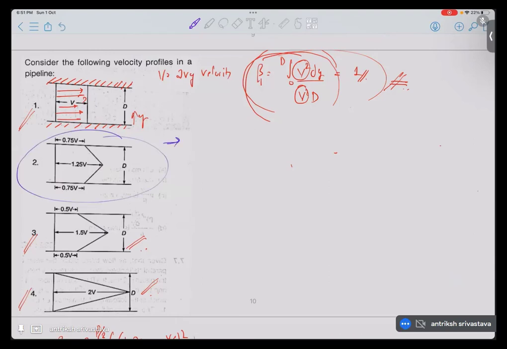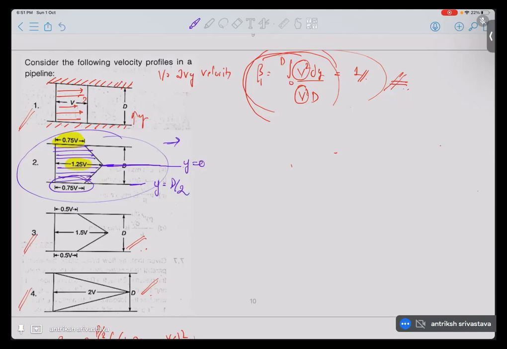See, this is the velocity profile. It is having some value in the center, 1.25 v, and some value at the edge. We want to get a relation which describes that it is maximum 1.25 v at the center and 0.75 v at the edge. Since it is symmetric, let's say at this location y is 0 and at this location y is equal to d by 2.